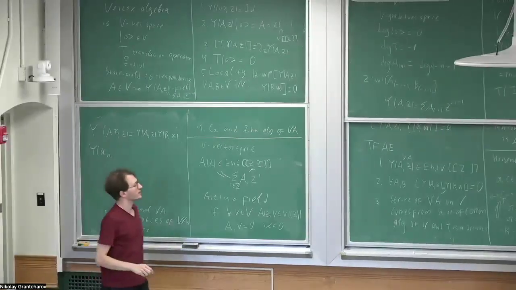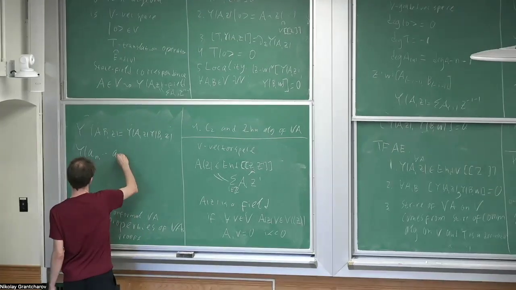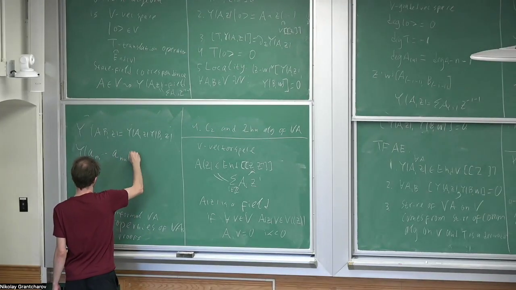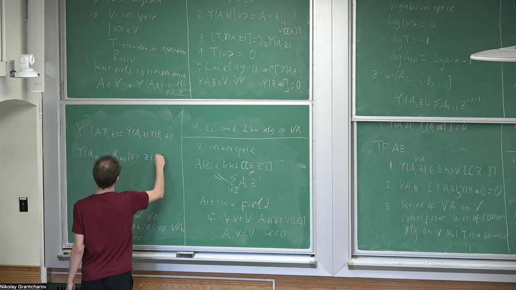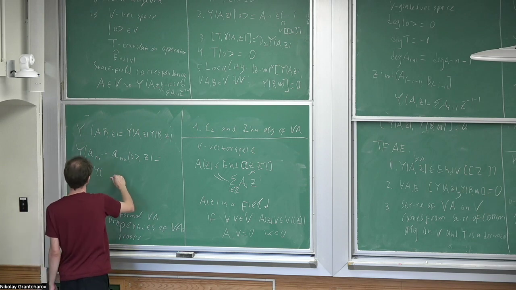Instead of minus signs, I use negative indices: the normally ordered product of the corresponding fields.